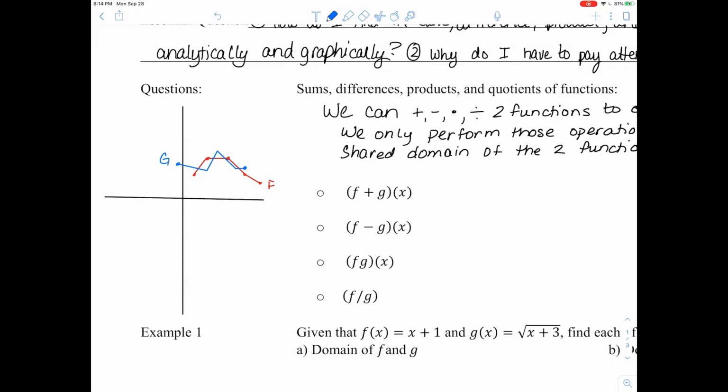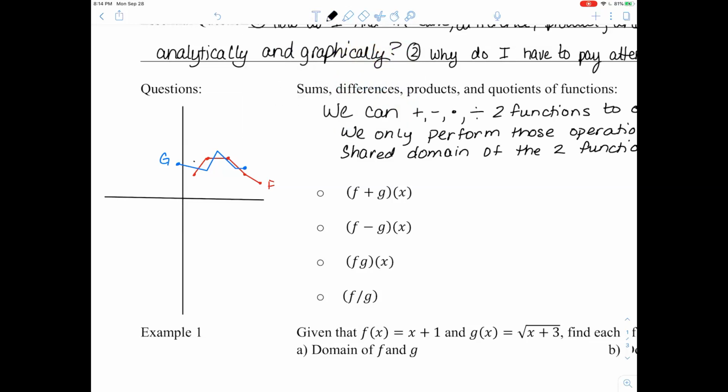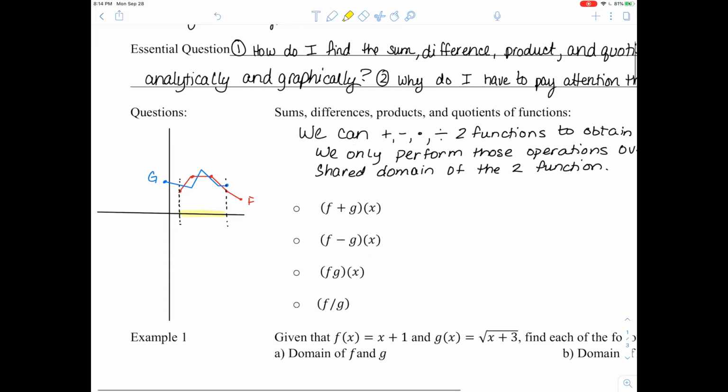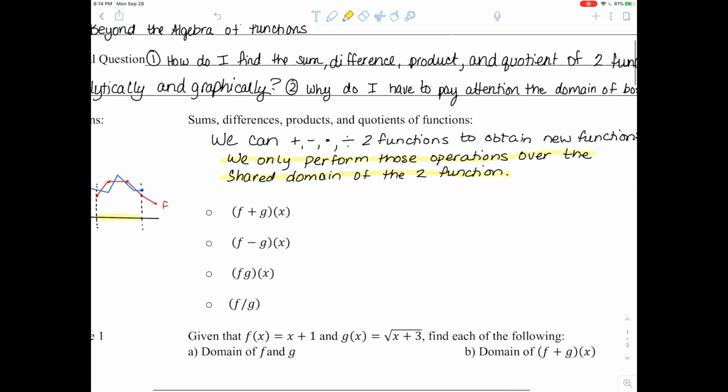Well, I can only add them where they share the same domain. And that would happen right here, where they start to overlap, and then they stop overlapping right here. So I could only add those two functions, or subtract them, or multiply them, or divide them over their shared domain where they have x's in common. And that's what's really critical. So hopefully that little picture helps you understand what I was referring to when I said we can only perform these operations over the shared domain of the two functions.